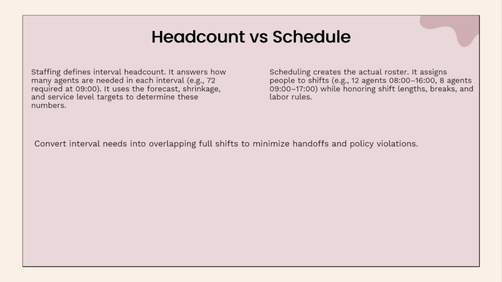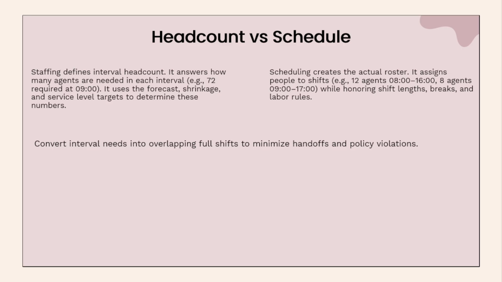Now moving forward, headcount versus schedule. Both are different. Staffing defines interval headcount. It answers how many agents are needed in each interval, for example 72 required at 9. It uses the forecast, shrinkage and service level target to determine these numbers. So when we have created the staffing, it will define our interval headcount, meaning at 9 p.m. we need 72 agents to meet our target.